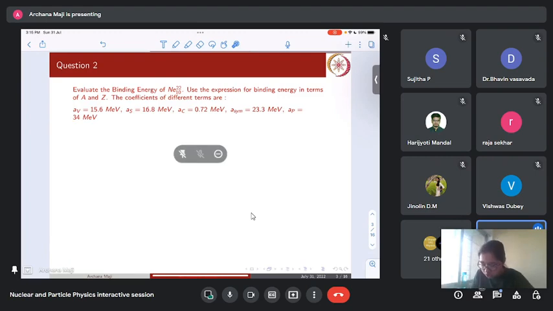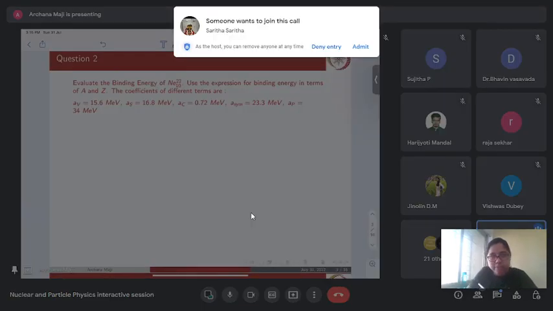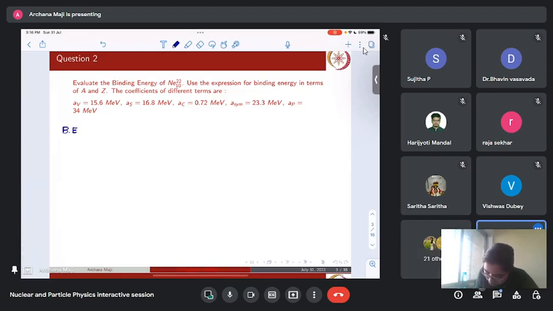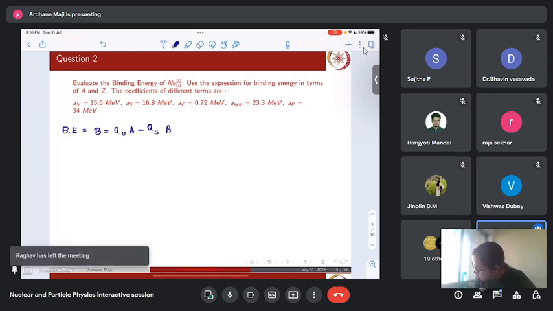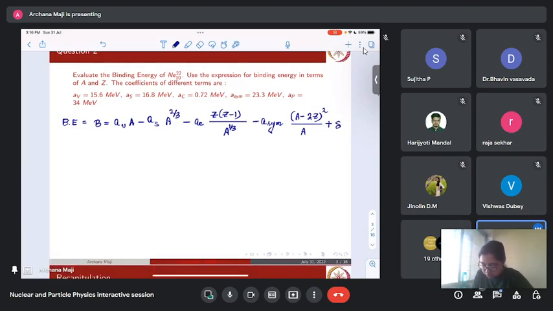Before solving that, let us first write down the expression of binding energy, which we will call B, is equal to AV times A, minus A power 2/3, AC times Z into Z minus 1 over A power 1/3, minus, over A plus delta.